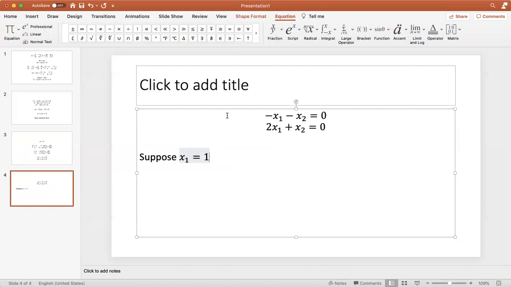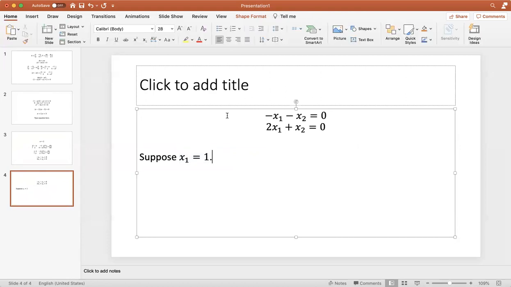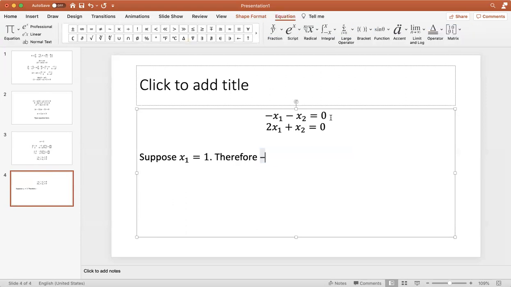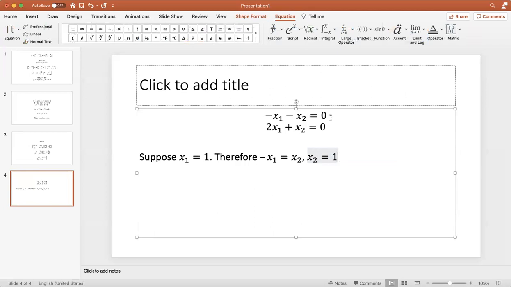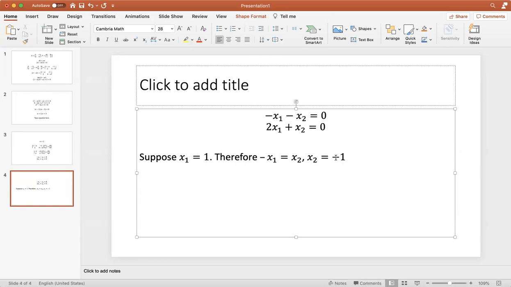Therefore, using the first equation, you'll have negative x1 equals x2, and therefore x2 is equal to negative 1. And if you plug this back in the second equation, you should still get the same result.